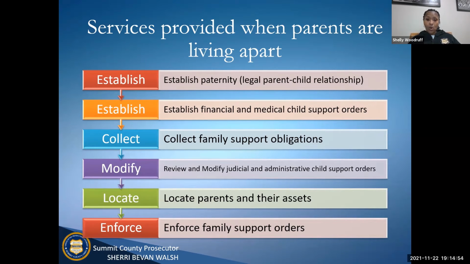We can also locate parents and their assets. Once we have established paternity and a support order and tried to collect from wage withholding, if we cannot, then we can locate a parent and their assets. We work with several different departments that will see if someone owns property or has bank accounts.